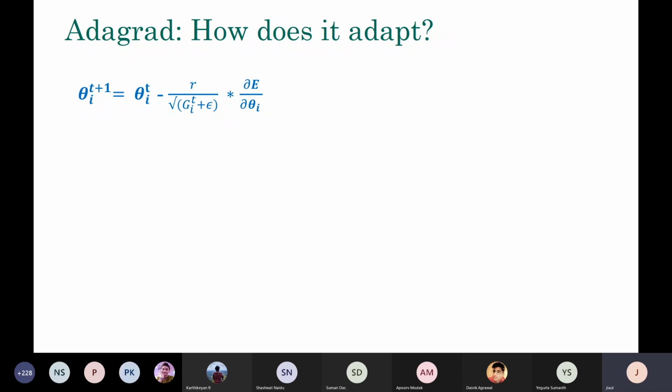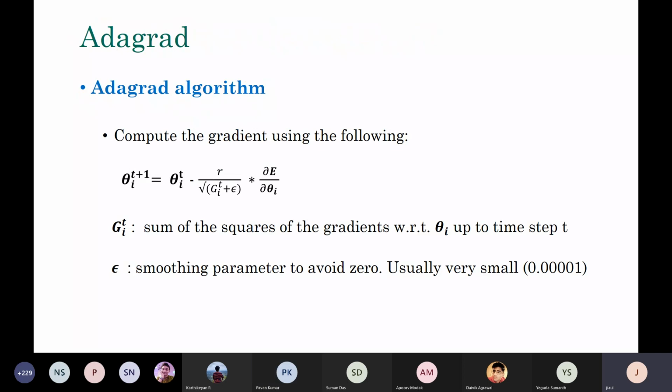Sir, that means the learning parameter will continue to decrease over time. The learning parameter can decrease over time, but not always. It depends on the nature of the surface that we're dealing with. But that square root will always increase, like the sum of the squares will increase over time, right? Then the denominator will increase, so R divided by the denominator will decrease.